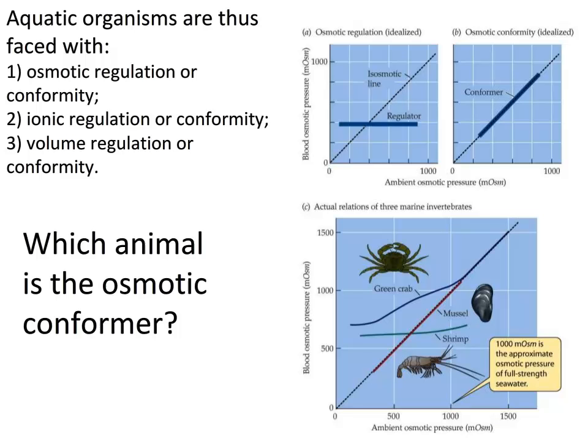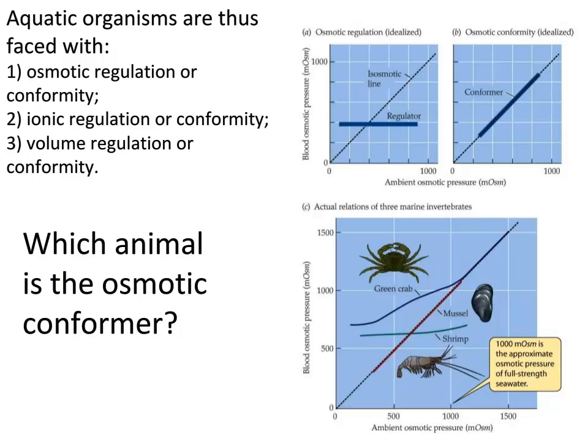For some ions it's going to be the same, but for other ions it's going to have to be different, because otherwise everything would be the same inside as outside. And then finally they've got to deal with volume regulation and conformity. So they either maintain cell size, or as the environment changes, do they allow their cells to swell up and shrink? So what we've got here is three different species.